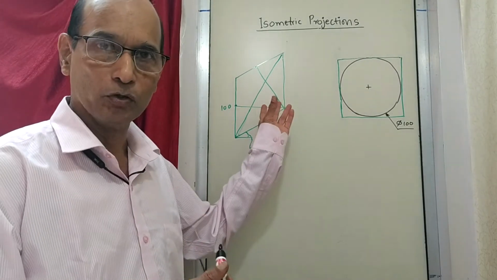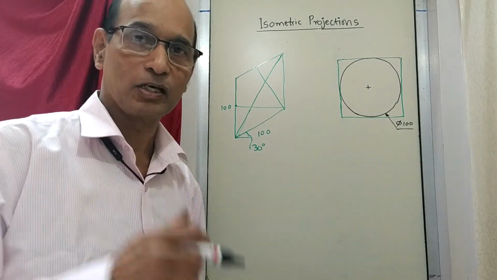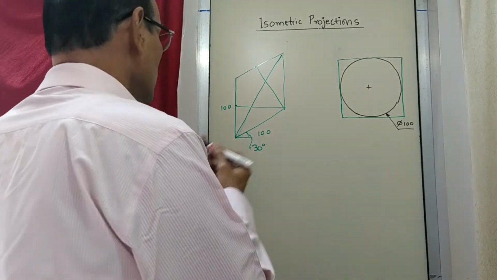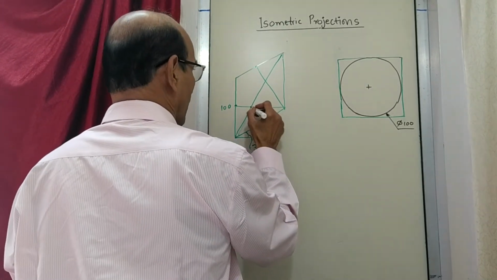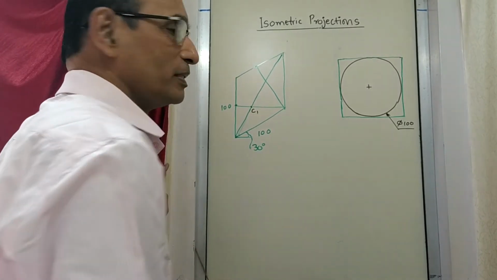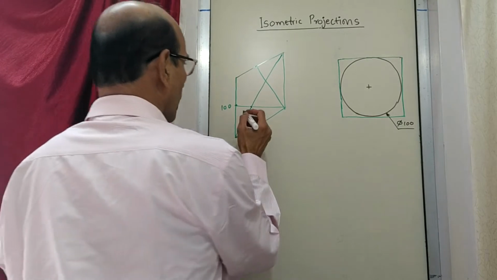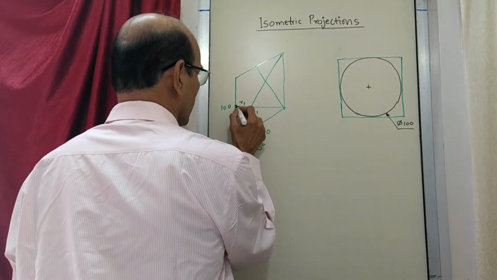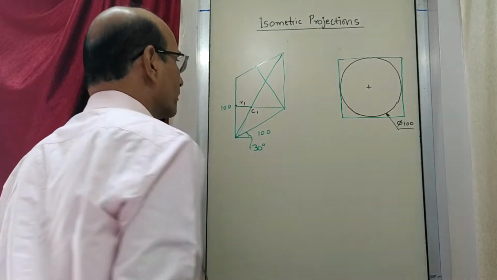which is very simple to do, the next thing is take your compass which you use for drawing a circle, and with this as a center, I'll call this center C1. With C1 as a center, you draw an arc. That arc is of radius R1, this much radius.